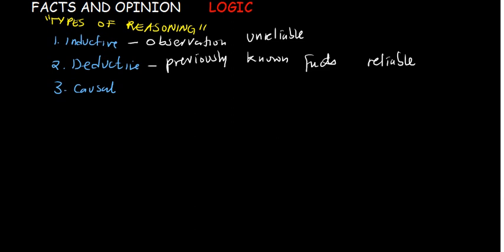Now, causal reasoning creates a link between entities without a common origin. Cause and effect reasoning. That is what is called causal reasoning. So you link two things that have no common origin. They don't come from the same place. That is called cause and effect reasoning.